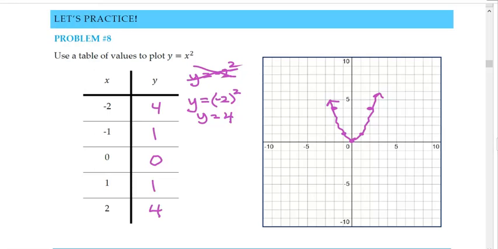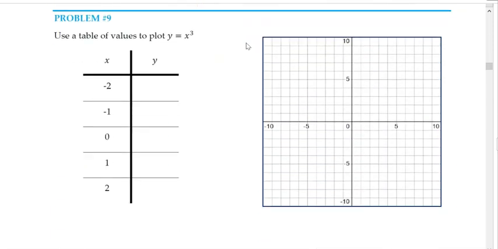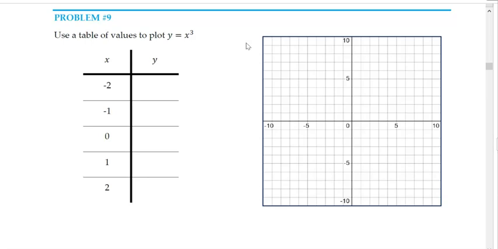Okay, so hopefully you got those kind of drawn in here on these next few. So this y equals x squared, also put down here that this is a quadratic graph, or sometimes it's called a parabola. That next one here, like I said before, this is called a cubic.